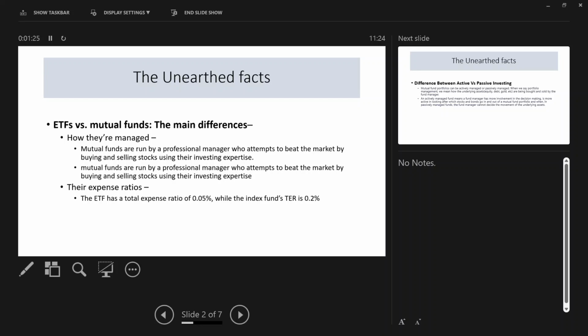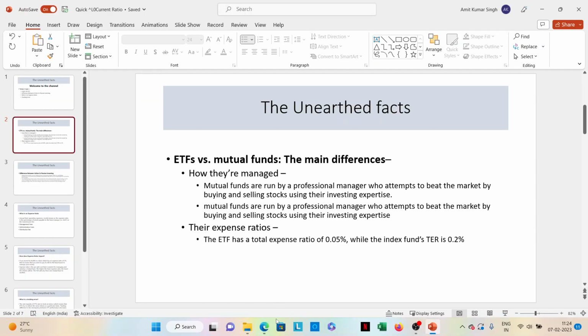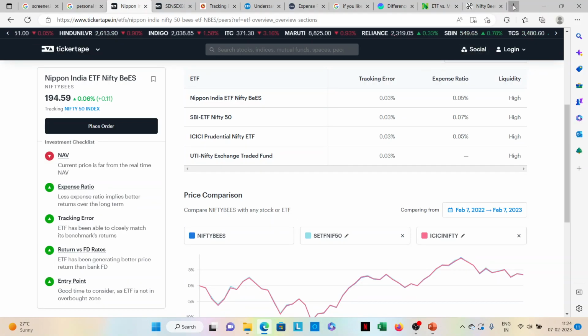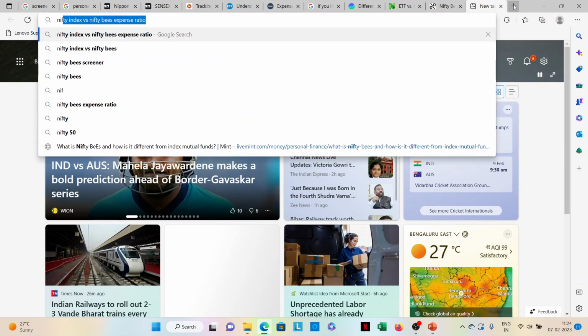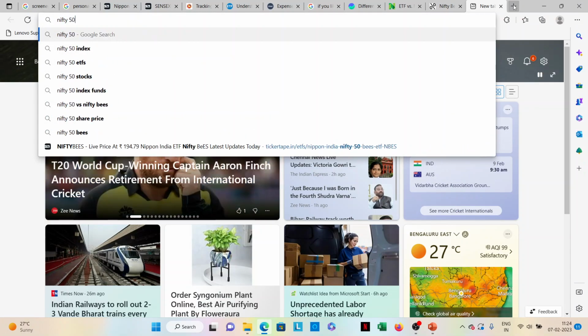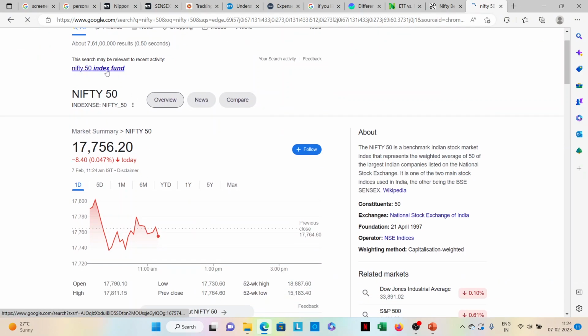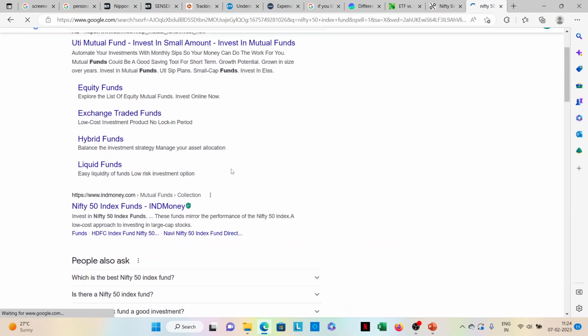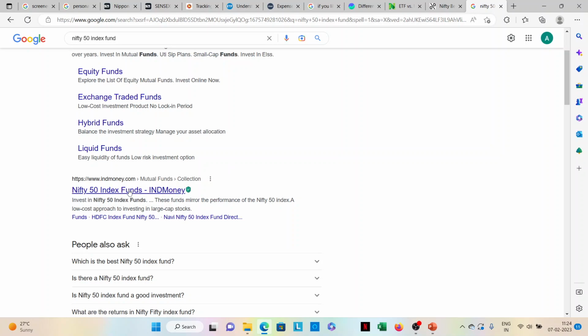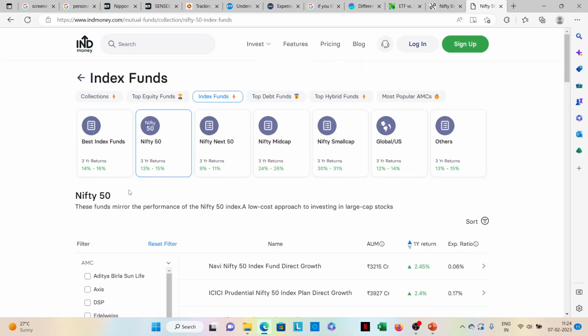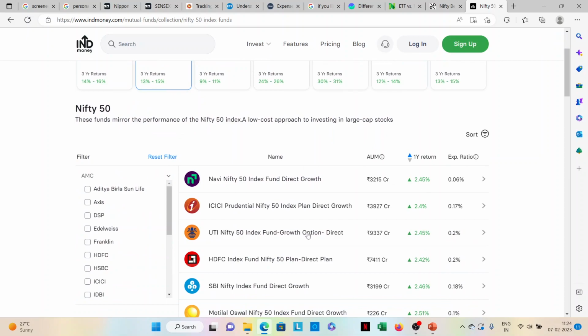Second is the ETF. What happens in an ETF is that they just replicate what is there. Let me show you the Nifty 50 index fund, maybe on ID money. See, these are index funds, not ETFs.